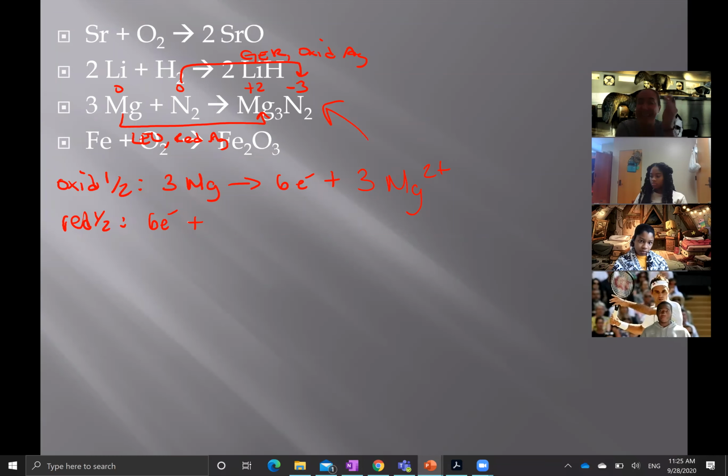No. What form is nitrogen in on the left? Oh, 0. Is that an ion? No, it's not. So what would you put then? Would I just put 2N? No. You would just put N2 the way it is.